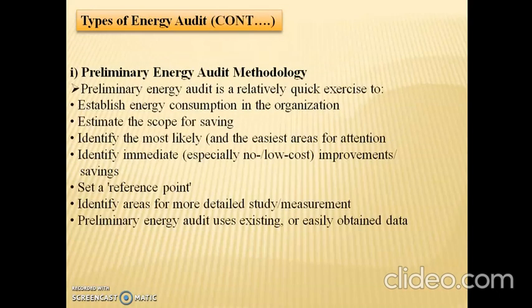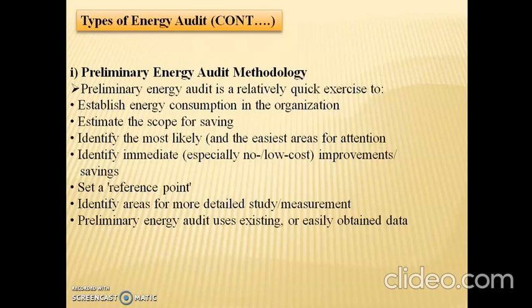So first, let us start with preliminary energy audit. Preliminary energy audit is a relatively quick exercise. As the name implies, it is a preliminary audit. This audit first establishes energy consumption in the organization. The first thing it will do is find out how much energy your industry is consuming.